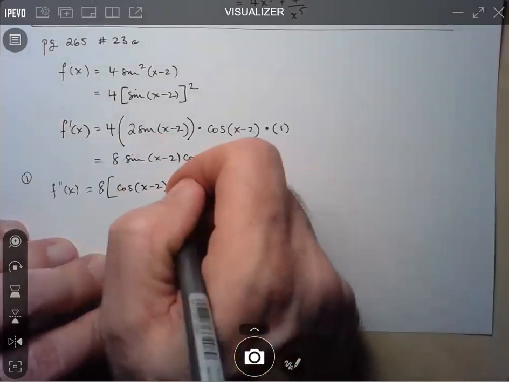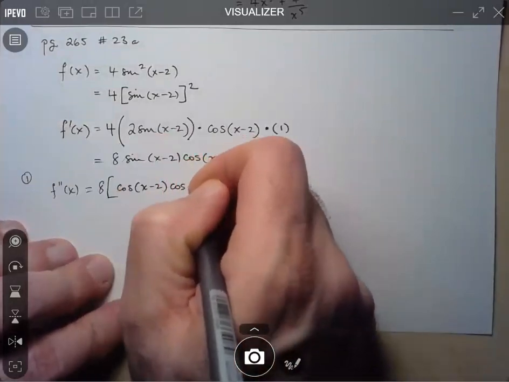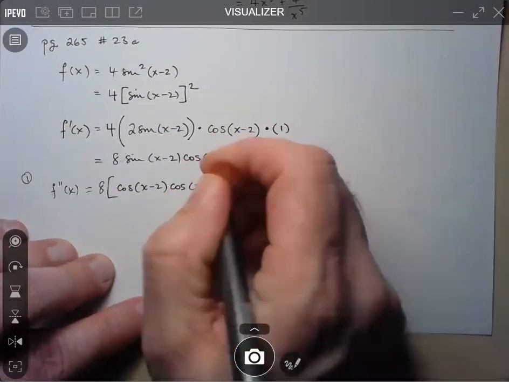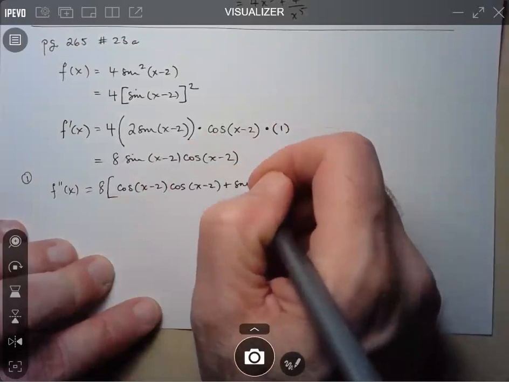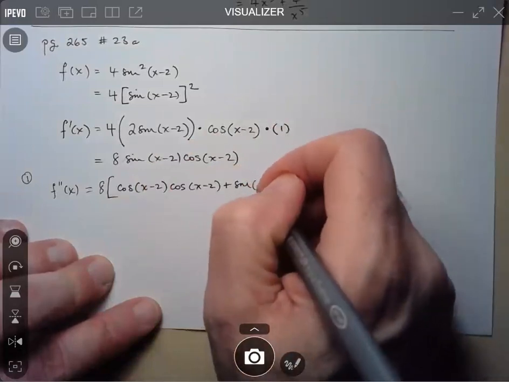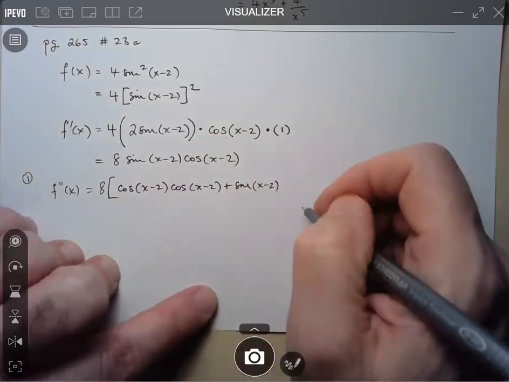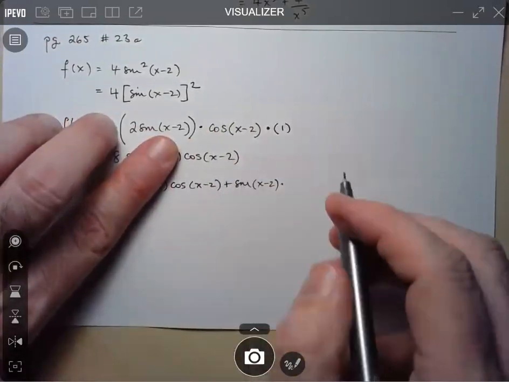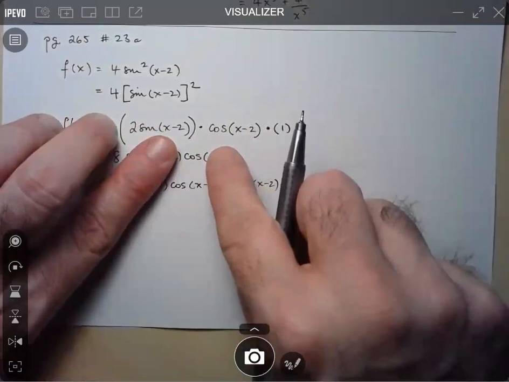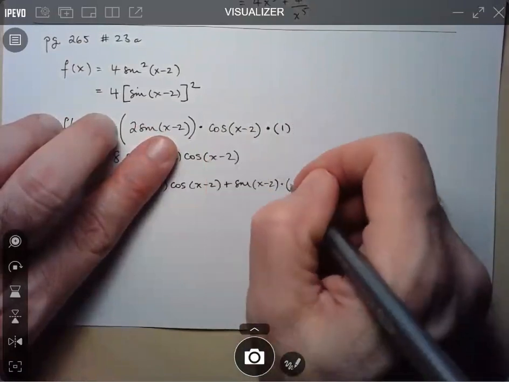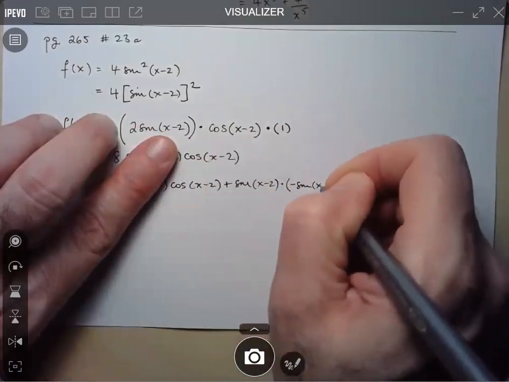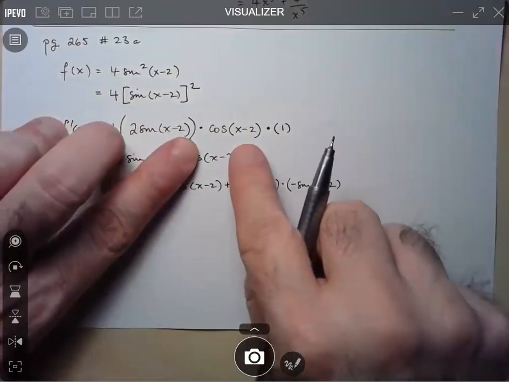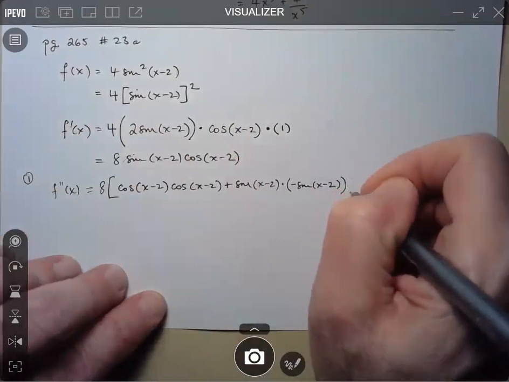Okay, times cos of x minus 2, because that's the second function. Then plus the first function, sine of x minus 2. Okay, times the derivative of the second function, which is going to be the derivative of cos u is negative sine u, times the derivative of u, just happens to be equal to 1.